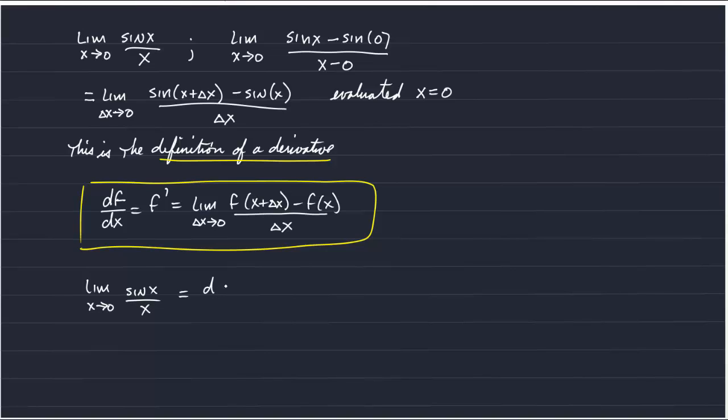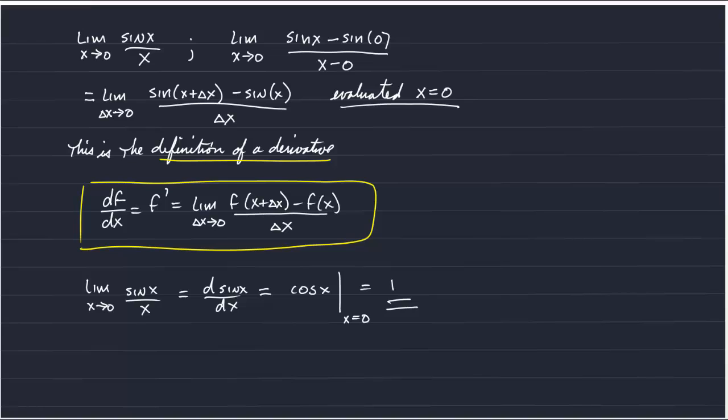The derivative of sine x with respect to x is equal to cosine x, and we're evaluating it at x equals 0, right? As we showed, this limit has to be equal to the derivative evaluated at x equals 0, and the cosine of 0 is equal to 1. So we've solved this indeterminate form of a limit using the definition of a derivative.